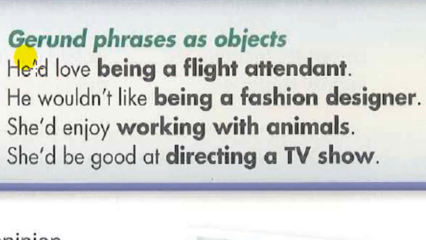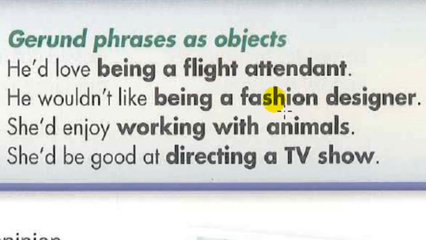So we have subject, then verb. This verb: like, love, hate, can't stand, enjoy, good at, interested in, am, is, are, interested in, tired of, plus gerund, verb plus ing, plus some words.